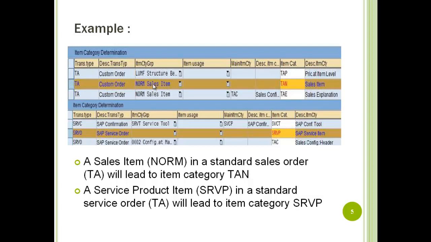You can define, per business transaction category and item category group, which item category the system defaults for processing the business transaction. At the same time, you can define which item categories can alternatively be entered manually instead of the system default.